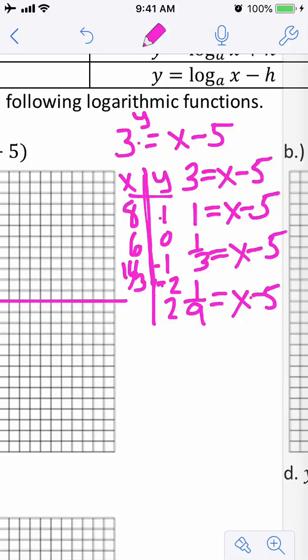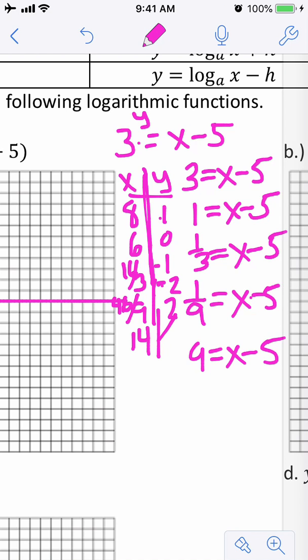Add that to the other side. 5 would be 45/9, so this would be 46/9. And then positive 2, that's nice and easy. You get 9, so x must be 14. We add 5 to the other side. You're going to get 14, so that's that one.